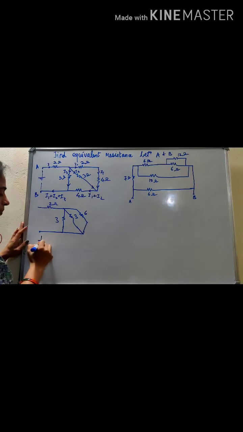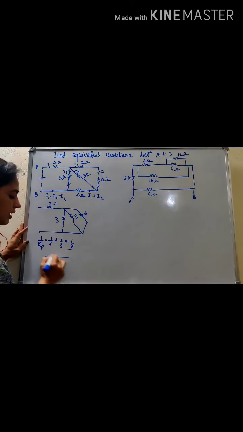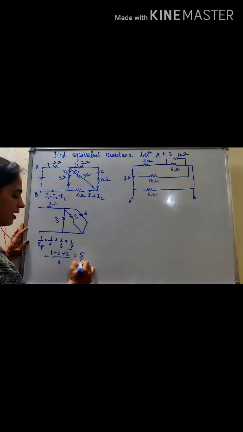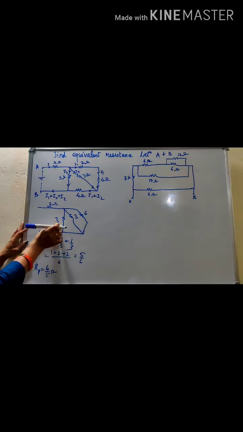So 1 by Rp is equals to 1 by 6 plus 1 by 3 plus 1 by 3. LCM will be 6. 1 plus 2 plus 2, that is equals to 5 by 6. So Rp is equals to 6 by 5 ohm. So here this combination is 6 by 5 ohm, that is in series with 2.